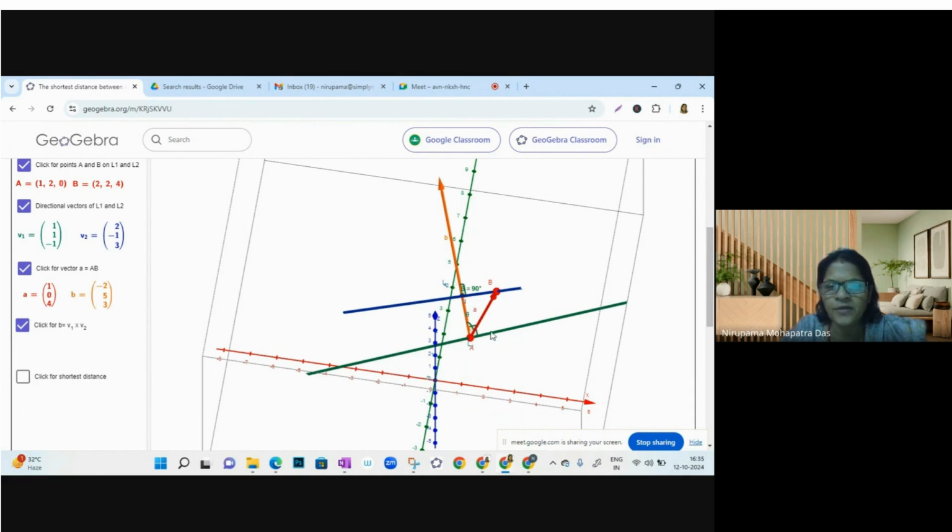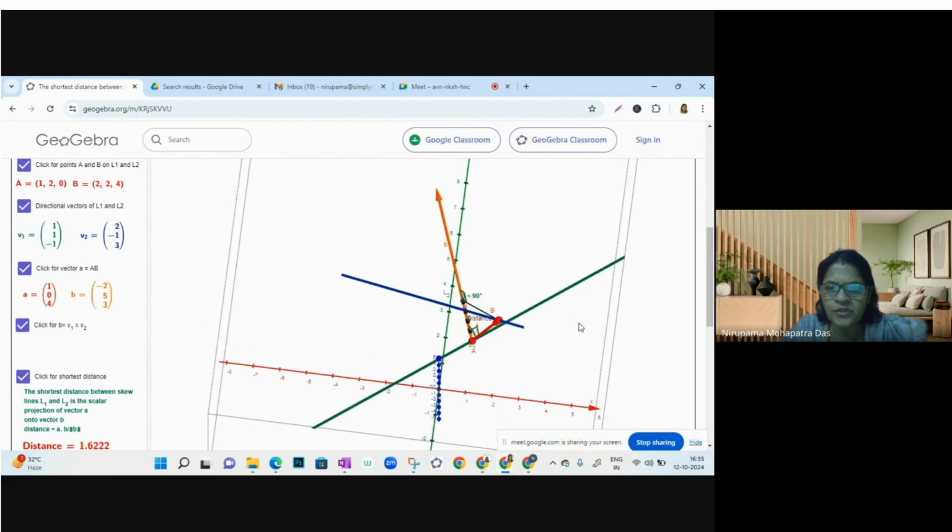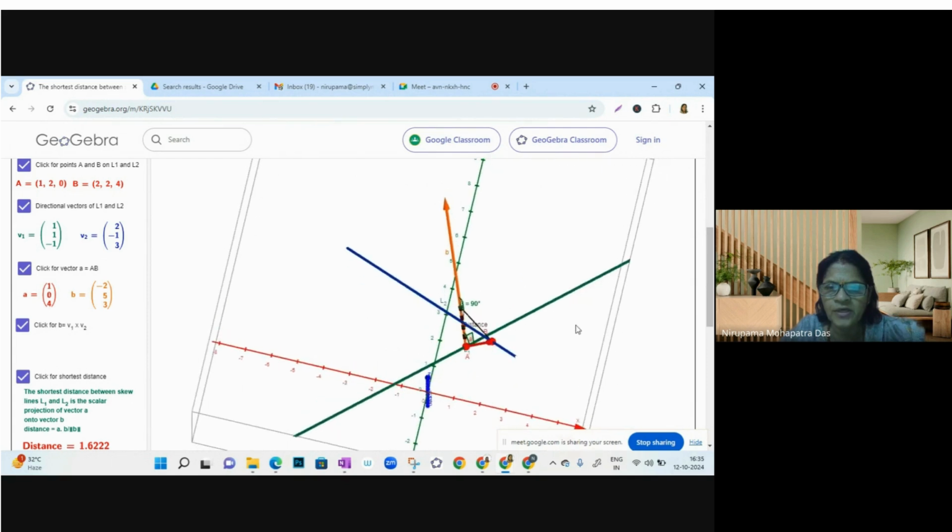The line of shortest distance acts along this direction, giving the distance between L1 and L2, and it is perpendicular to both lines. You can see the position when you change the distance.